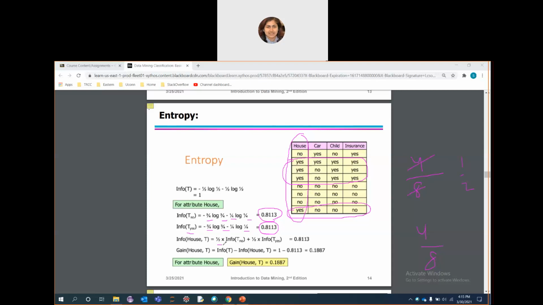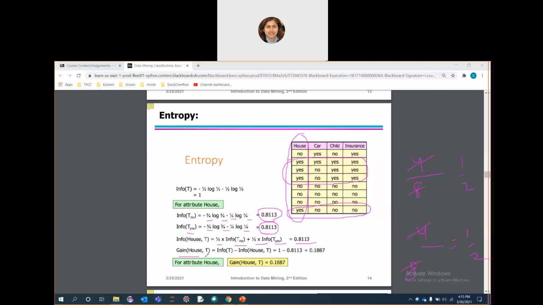That is why we have 1 by 2 info of T no. Sorry, that was for your no. So for no we have 1 by 2, and for yes also we have 1 by 2. This is how the info or the entropy of house in terms of the overall info will be calculated.